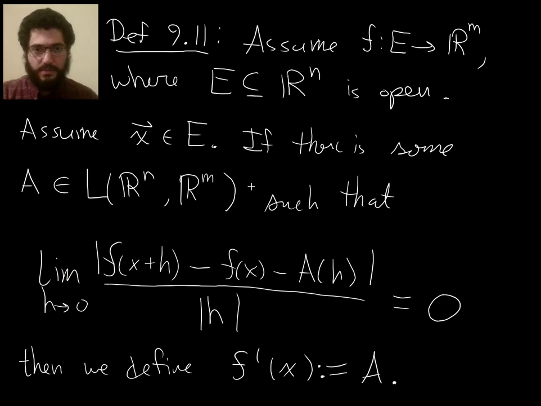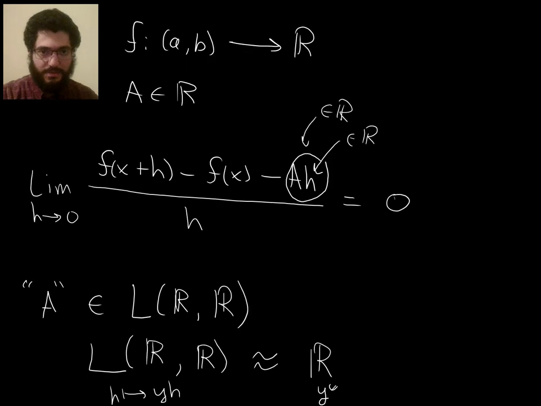And that means we're sort of allowing this new notation to override some older notation. So previously, if you had a function like this, a function of one variable with one output, we had previously defined that in this situation, f prime x would be a real number.